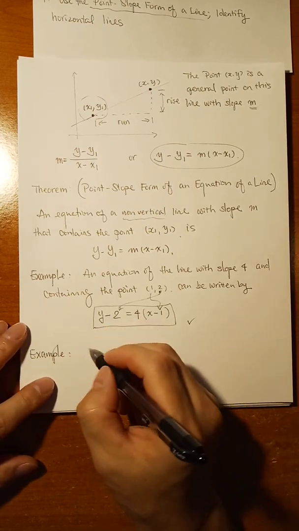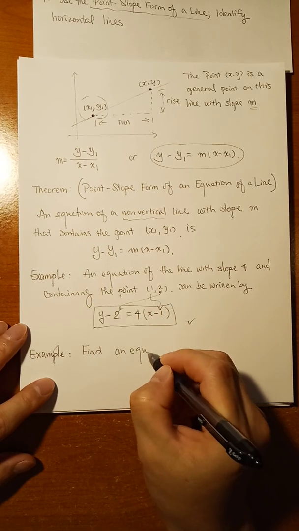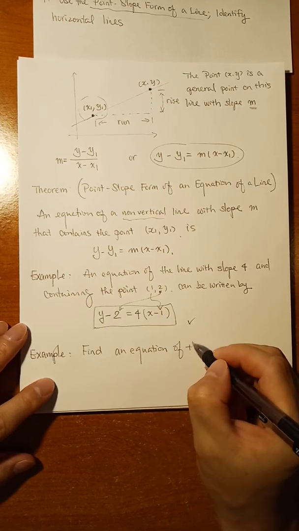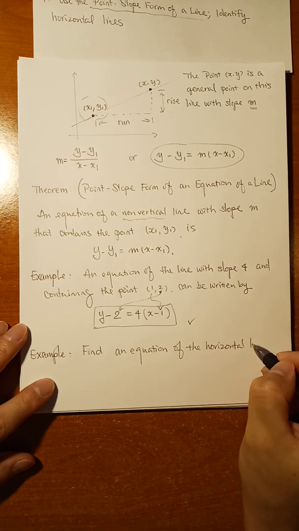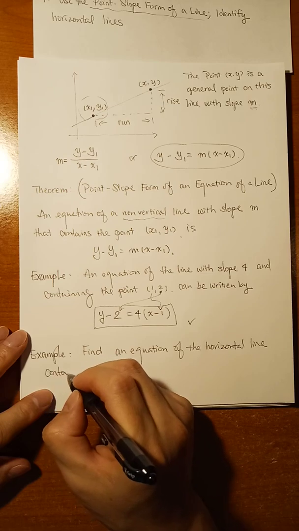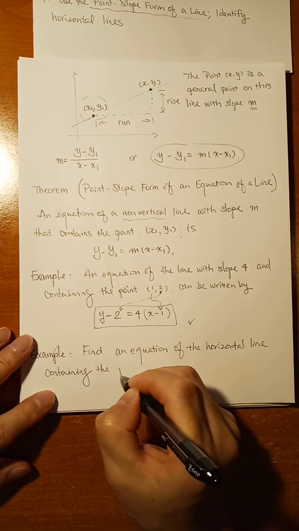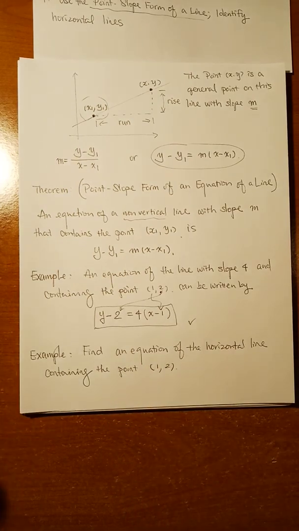Second, find an equation of the horizontal line containing the point 1, 2.